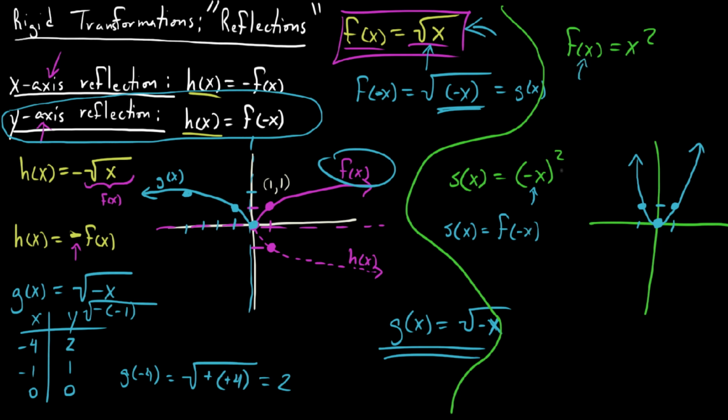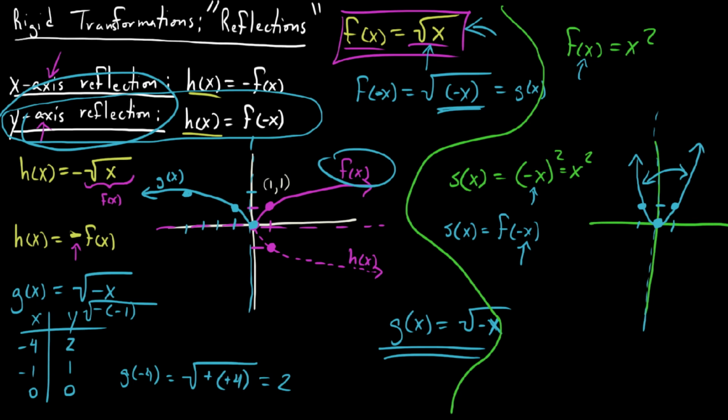The weird thing about this is negative x squared, of course, is just x squared, which is going to look exactly like this original parent function in the first place. But what I'm trying to point out here is this. F of negative x, plugging in a negative x into the original parent function, causes y-axis symmetry. If we were to reflect this about the y-axis, it would reflect onto itself.